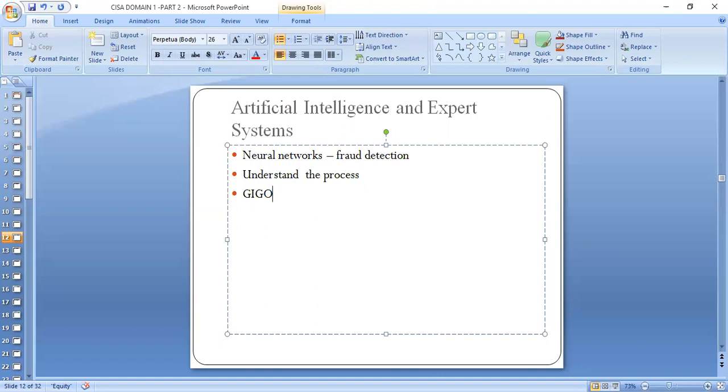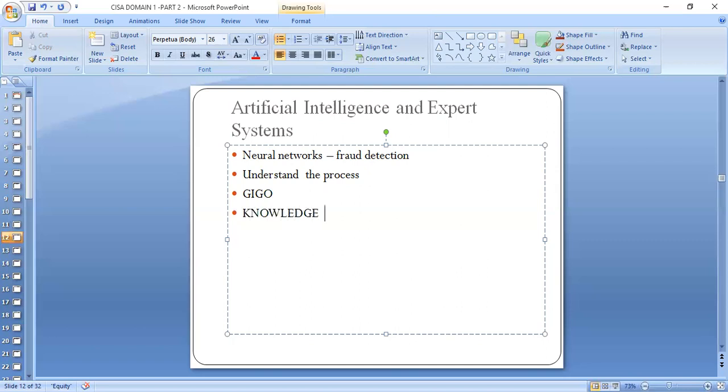So the auditor should understand the processes that the AI and the expert systems are being used for. Also, study the learning process, the kind of data that were used in maturing the artificial intelligence and the expert systems, in detail. On expert systems, there's something called the knowledge base.